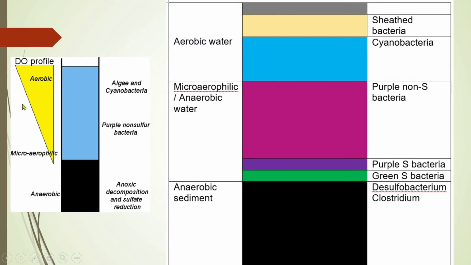The dissolved oxygen profile will go from aerobic status to microaerophilic to anaerobic status. With time, after incubation under the sun, about 4 to 5 weeks later, you should be able to see different microorganisms developing at different layers of the column.